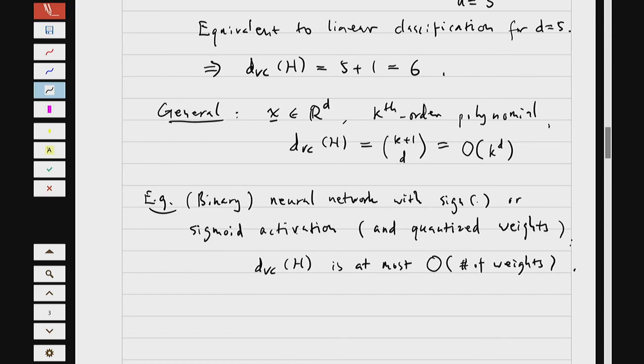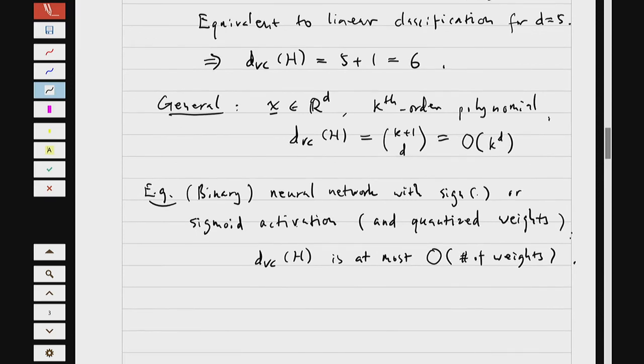No, 4 choose 2. It's 4 times 2 divided by 2, right? I think 4 choose 2 will work. So it might have been k plus 2 choose d, right? I'm not sure about that line, so take this with a grain of salt, okay? But the last one is the more important one.